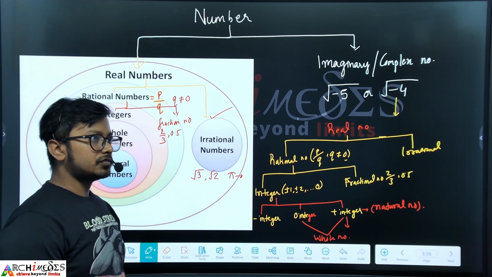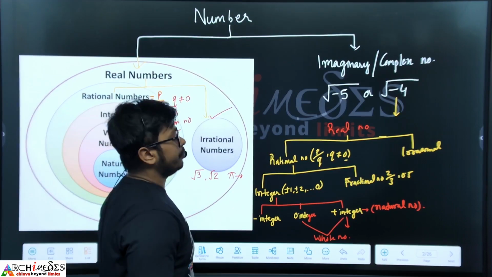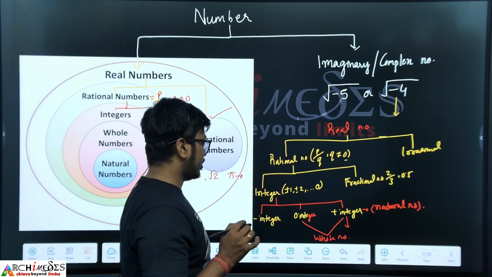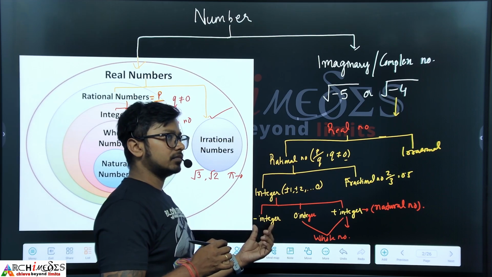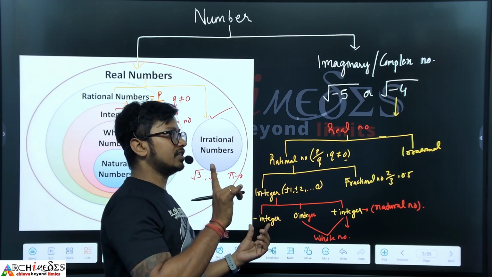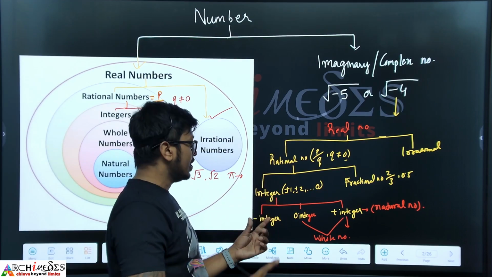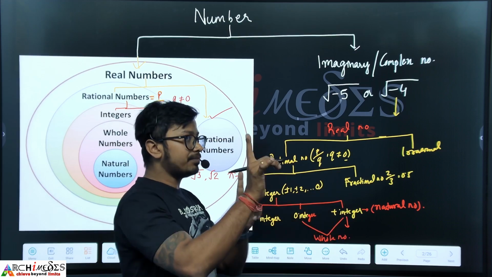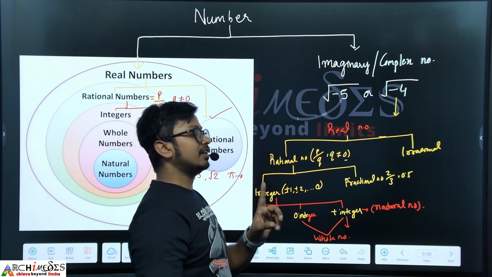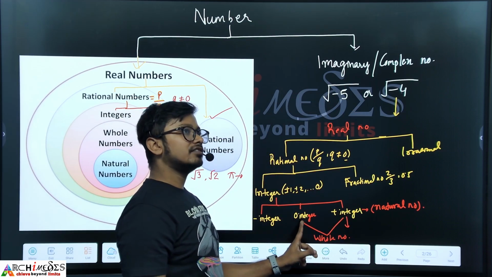One main point, listen carefully: if they say non-negative integer, you only have to delete the negatives. Non-negative does not imply only positive. Non-negative implies positive and also 0.